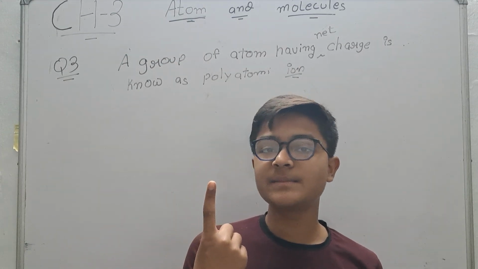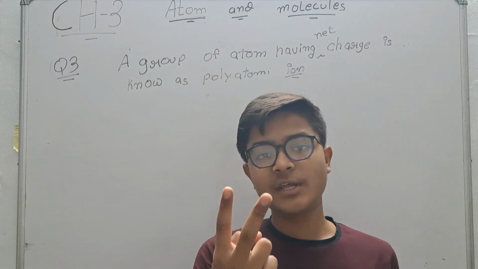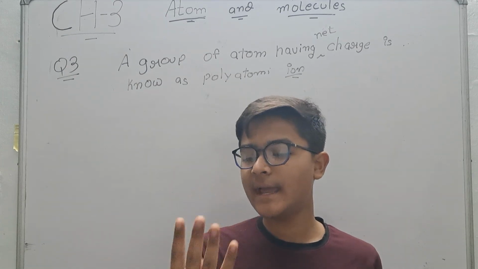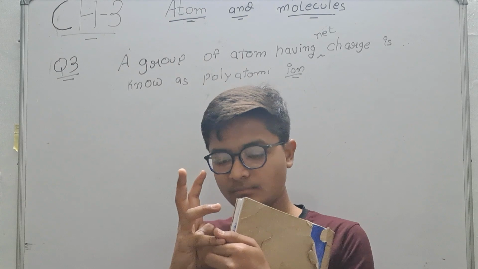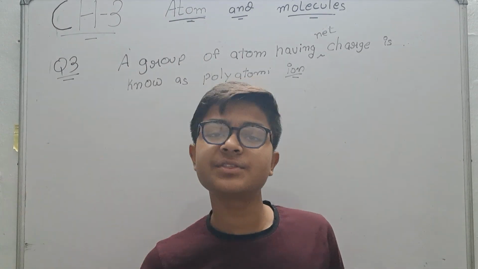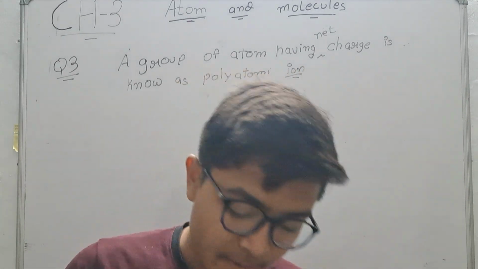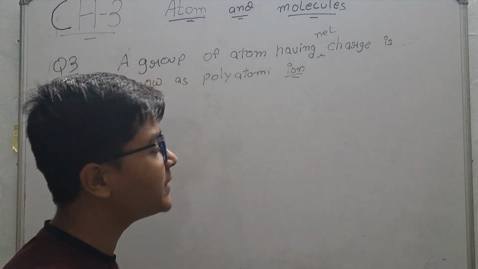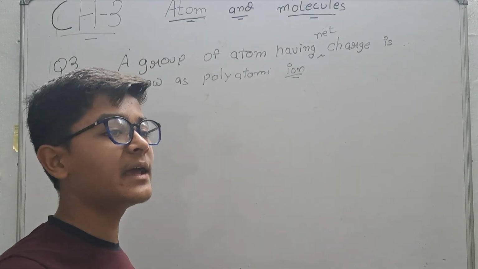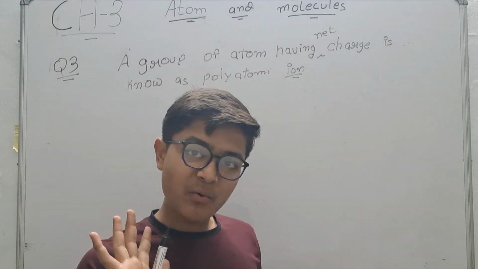Only a single atom is monatomic, if having 2 atoms it is diatomic, 3 atoms it is triatomic, and if any compound has more than 3, it will be known as a polyatomic ion. I hope you have understood what a polyatomic ion is: any group of atoms having a net charge is known as a polyatomic ion.